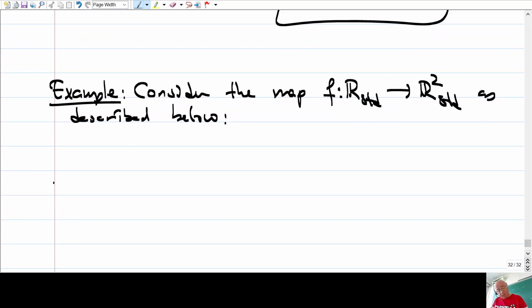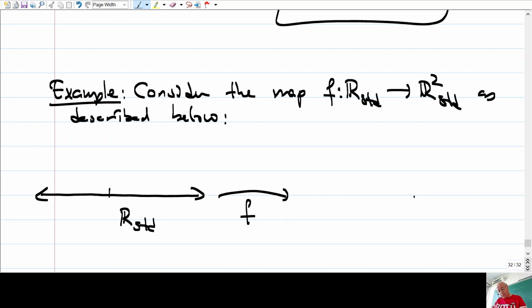So what is this map? It is this one. I have this R standard. And f takes this into the following figure 8.